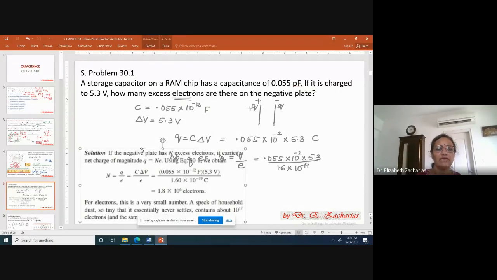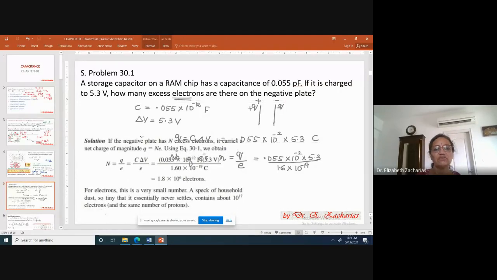So I have the answer here. It says 1.8 into 10 to the power of 6 electrons on each plate. What is the number of electrons per unit volume of a metal? In the first class we have seen 10 to the power of 28.